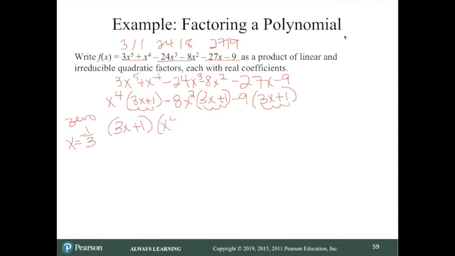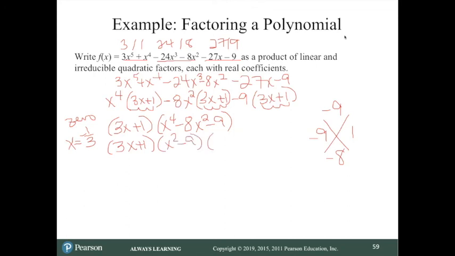x to the 4th minus 8x squared minus 9. So now I have a 4th degree polynomial that I want to see if we can factor. So then the question is, are there two numbers that multiply to negative 9 and add to negative 8? Well, sure, 9 and 1. The bigger one needs to be negative. Okay, so this is 3x plus 1 times x squared minus 9 times x squared plus 1. x squared minus 9 is a difference of perfect squares.